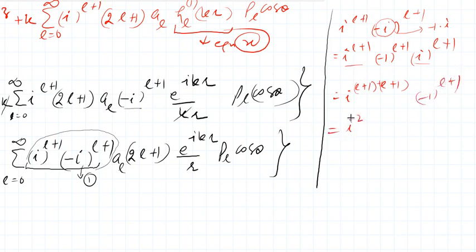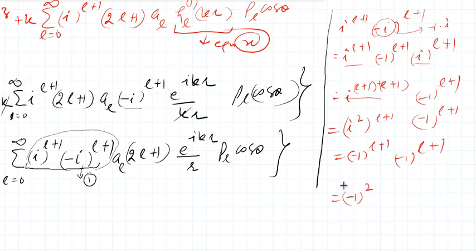So it is iota raised to power 2L plus 1, and iota square is minus 1. So it is minus 1 raised to power L plus 1, and this will remain as it is. So what is it? Minus 1 raised to power 2 raised to power L plus 1. So minus square is plus 1, and plus 1 raised to power anything is again 1. So its value will be 1.